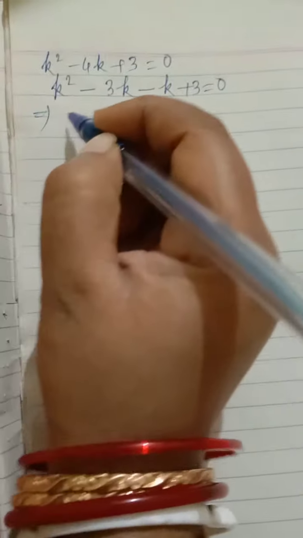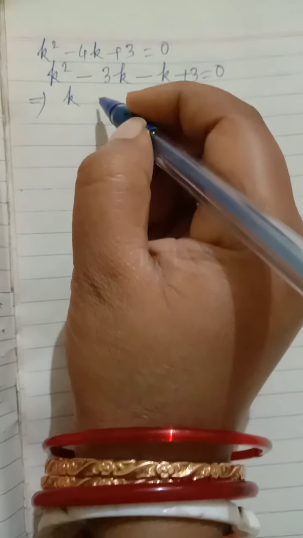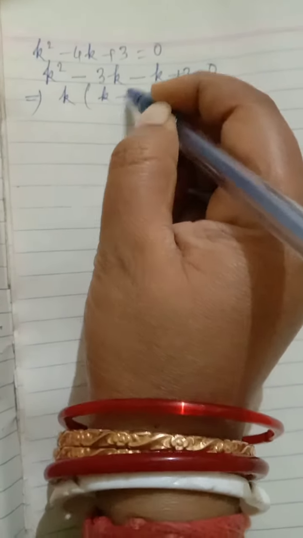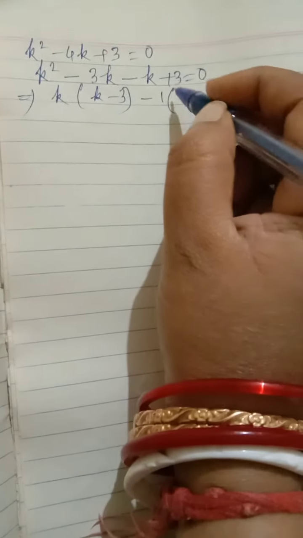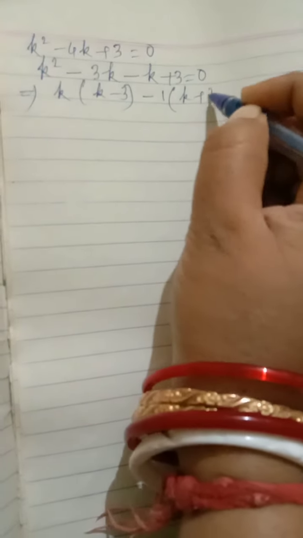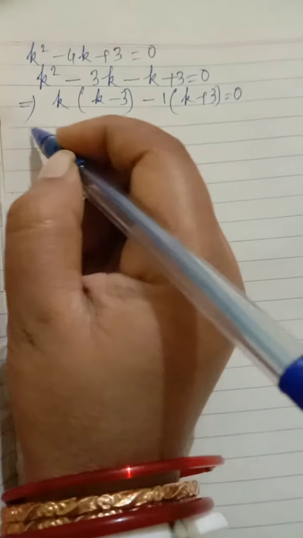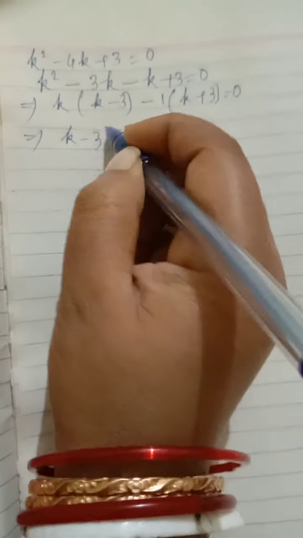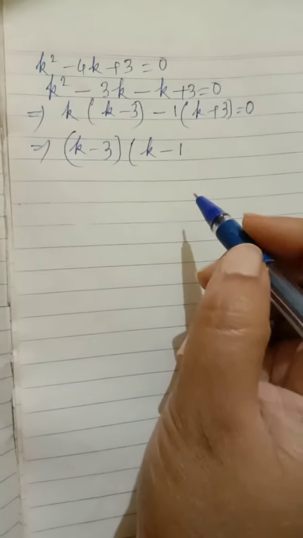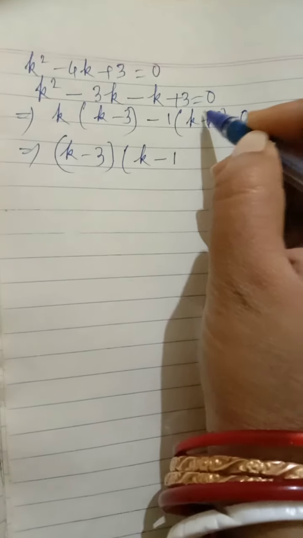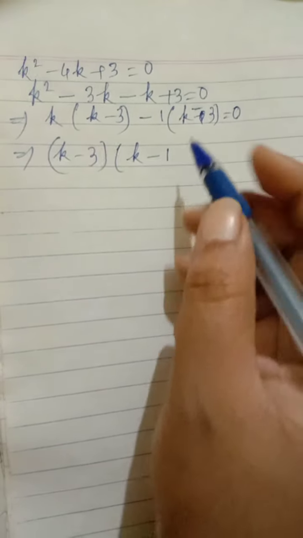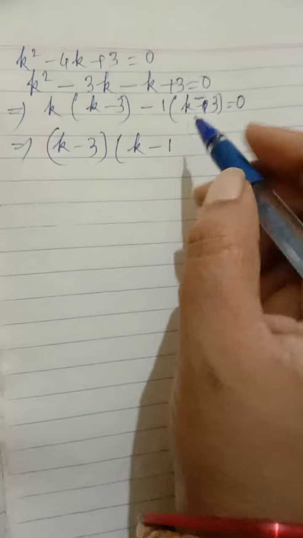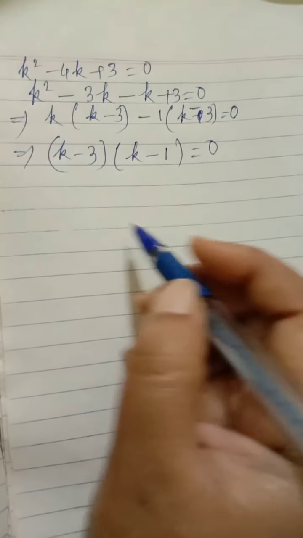Now if we take k common, it is k minus 3, and taking minus 1 common, again k minus 3. So k minus 3 is taken common, giving (k minus 3) into (k minus 1) equals 0.